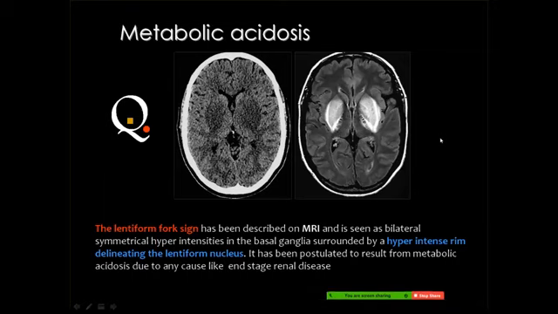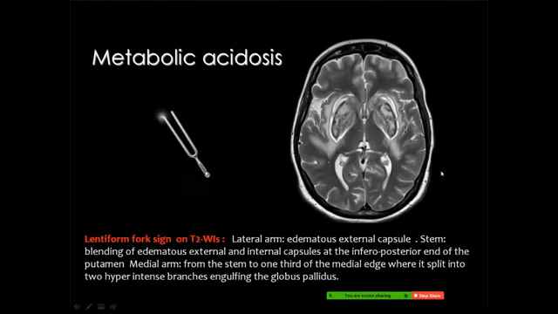The literature says that this lentiform fork sign is one of the diagnostic criteria of metabolic acidosis. Here you can see a classic appearance of the lentiform fork sign associated with abnormalities in the basal ganglia, the lentiform in particular, as well as perifocal edema.